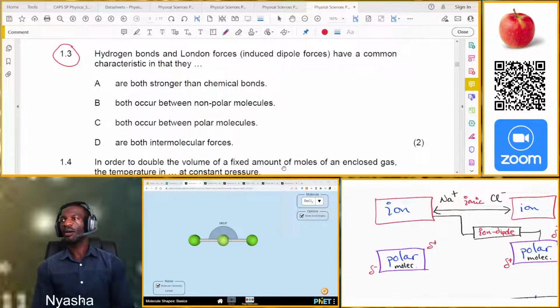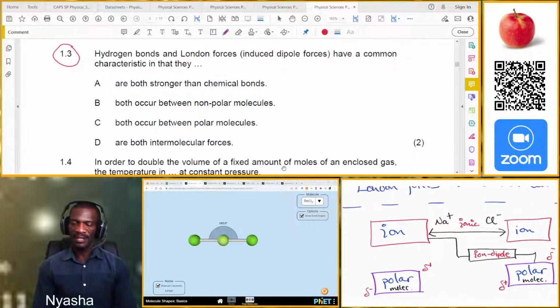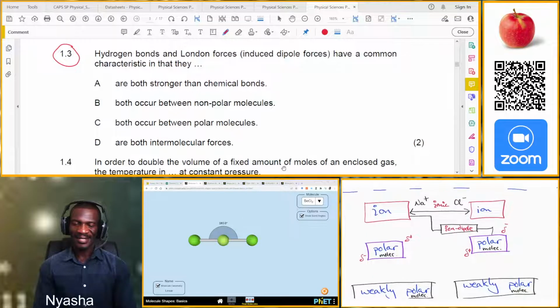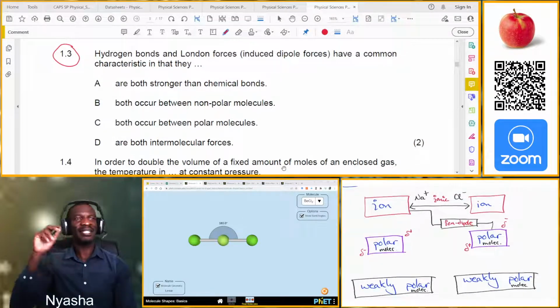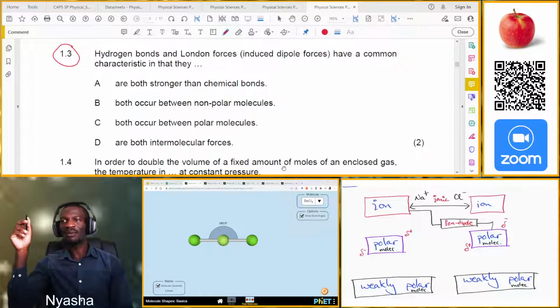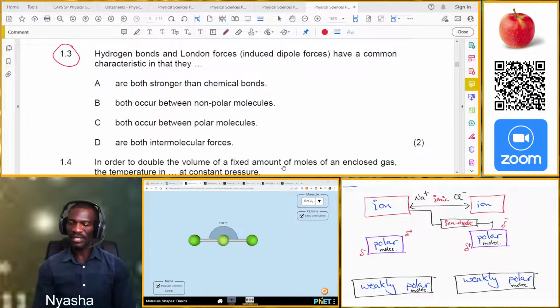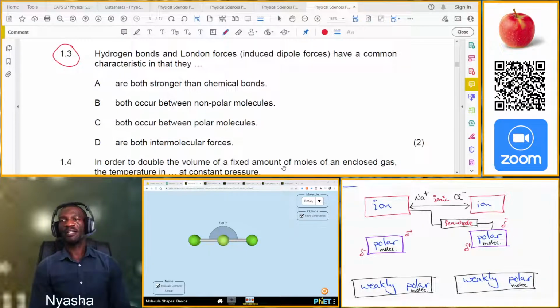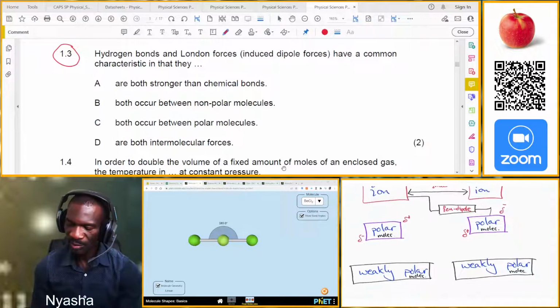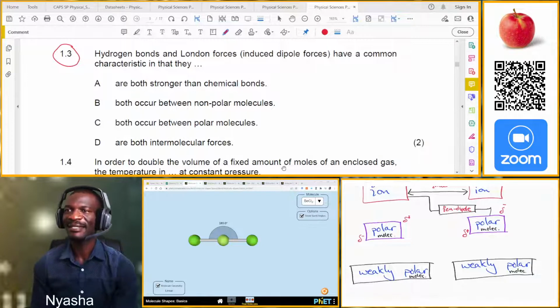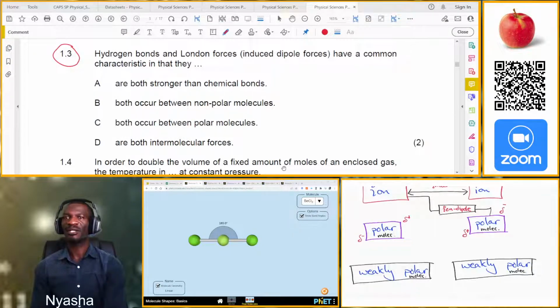Okay, so our next is if this ion interacts with a non-polar or a very weakly polar molecule, what would happen? The weakly polar molecule does not easily polarize, or it cannot easily self-polarize.